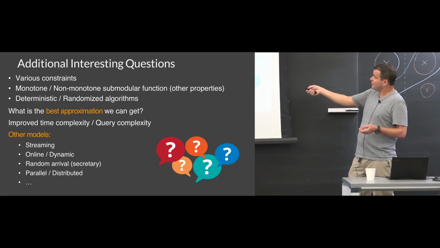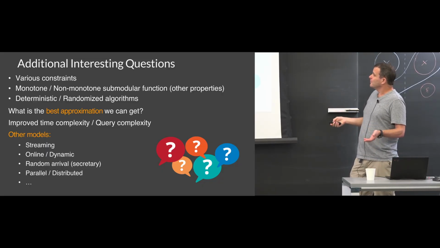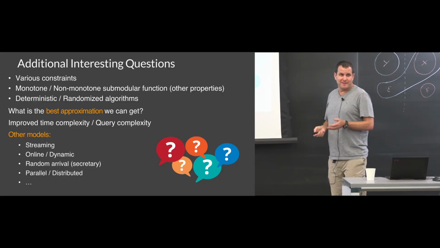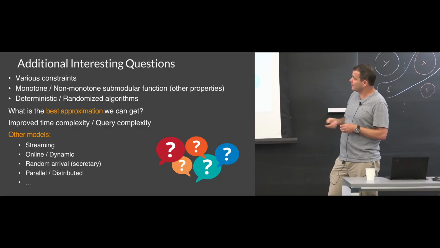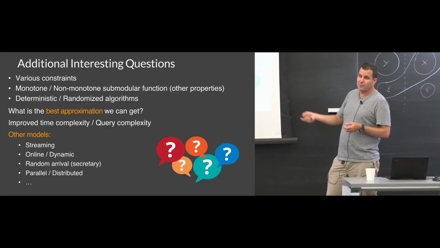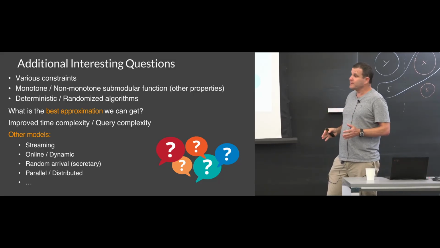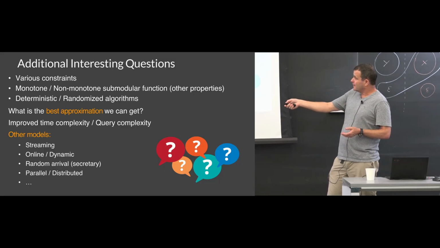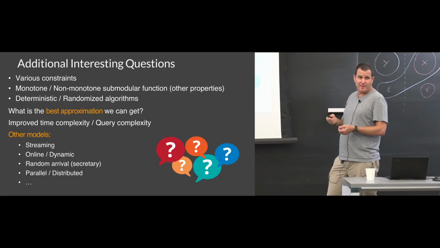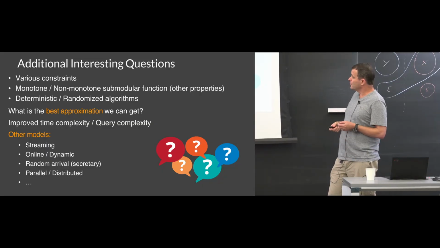So this is the basic question, and then you can ask this question in other models and have your favorite model. People around here work on streaming, for example, where you scan the elements and have bounded memory. Or online or dynamic environments where elements arrive and depart, and you want to maintain a good solution.